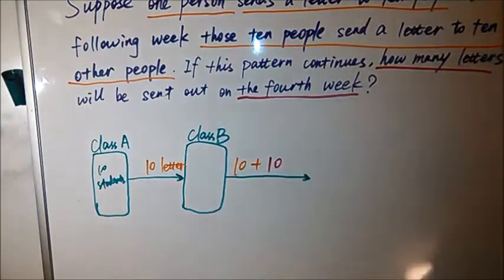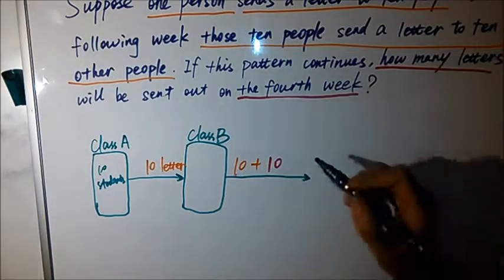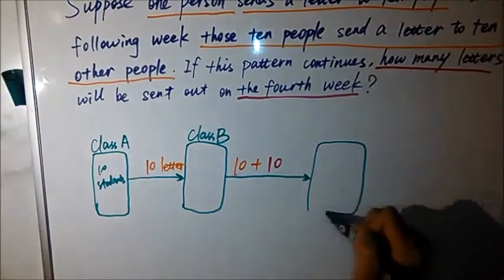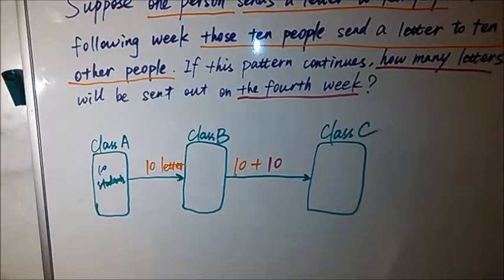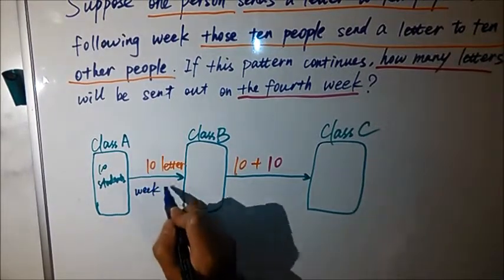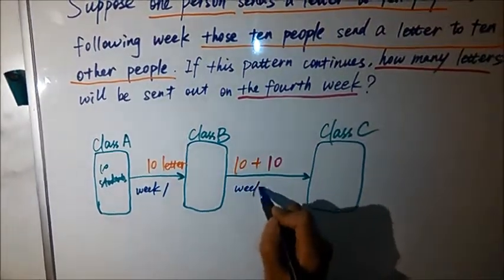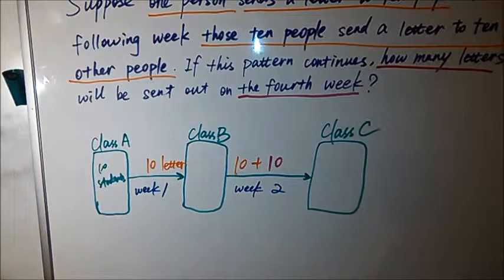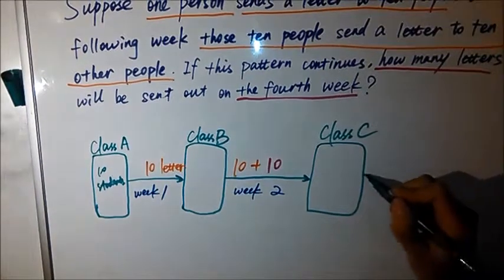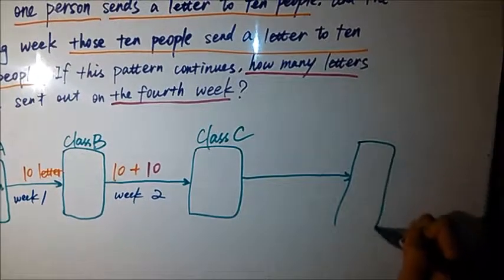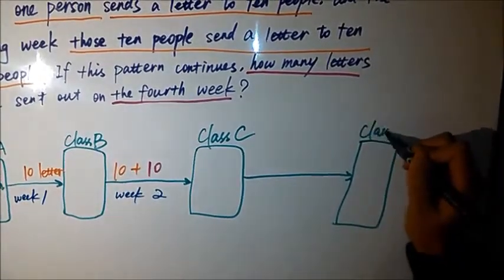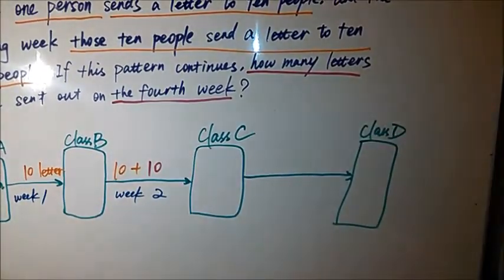Good. And that goes to class C. That's going to be week number 2. And now class C sends out 10 more letters than what class B sent. That's going to be week 3. It goes to class D.